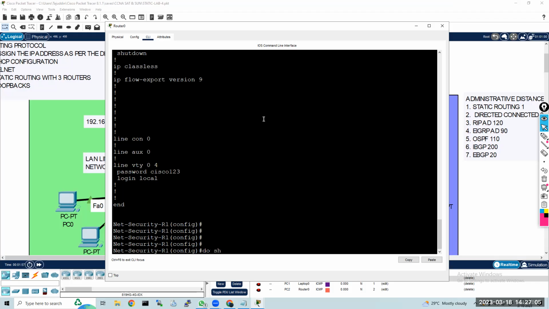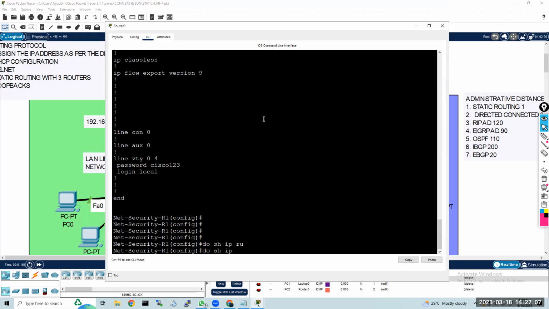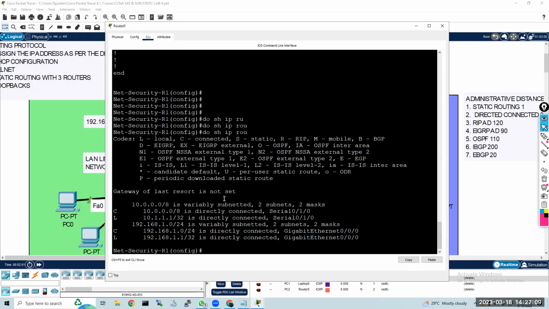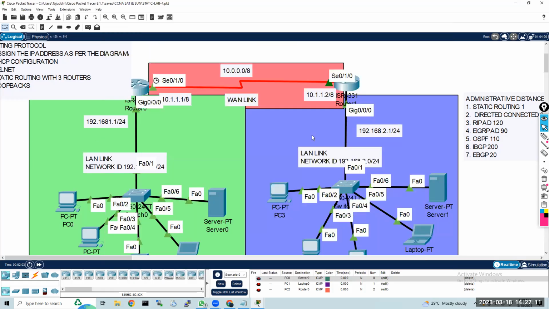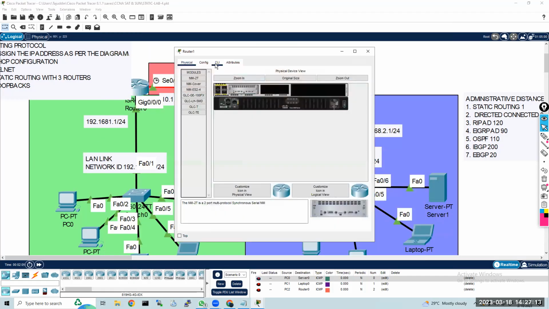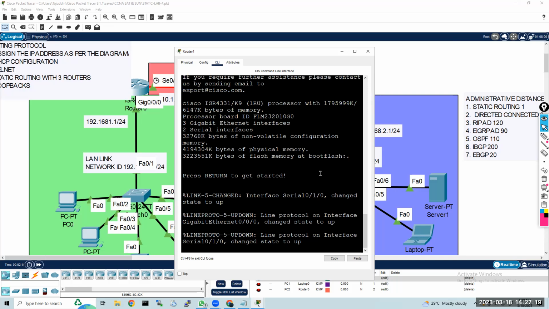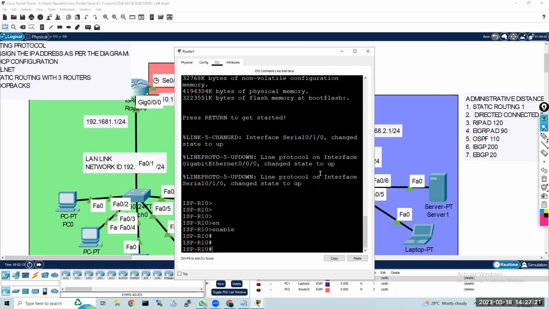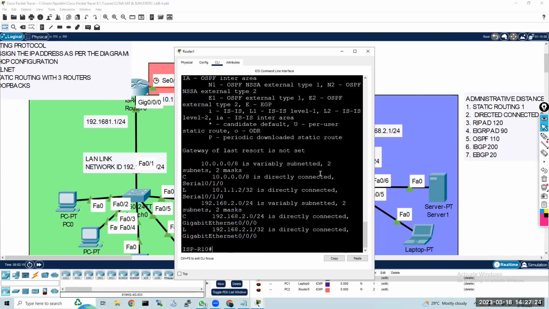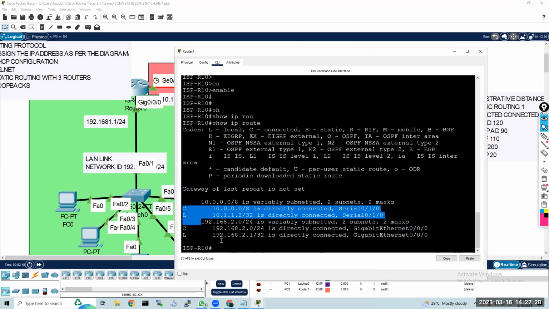Do show ip route. We have not configured anything here. It is a totally new topology. Nothing is configured, just DHCP. Show ip route. We can see it is all directly connected networks. Only directly connected networks are showing. So we have not configured anything yet.